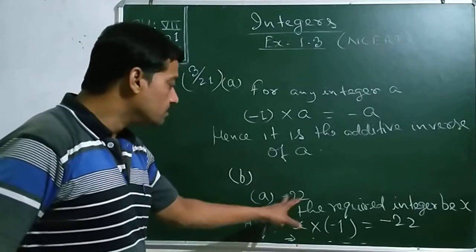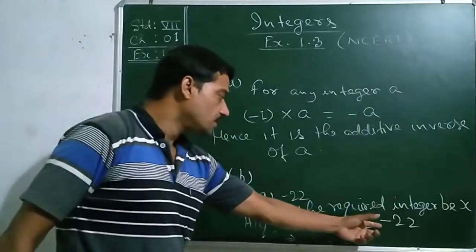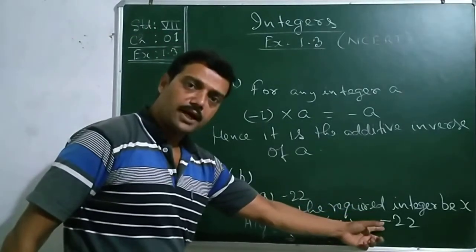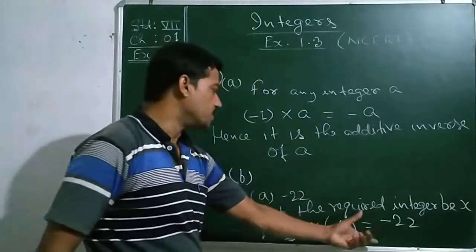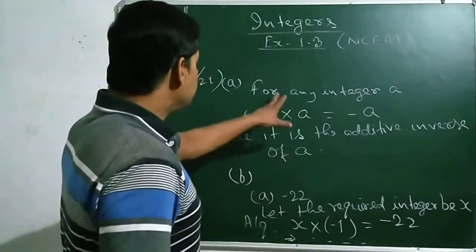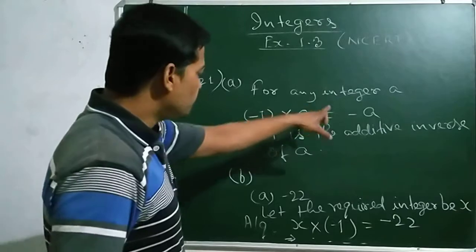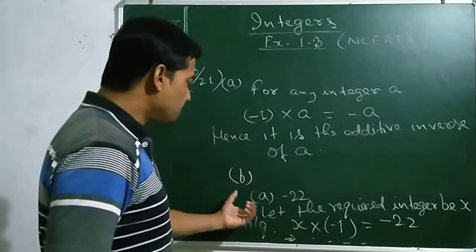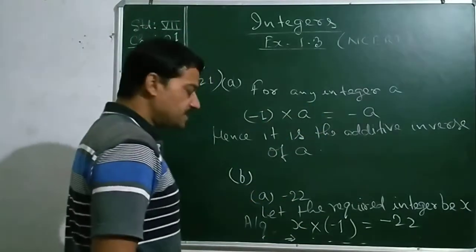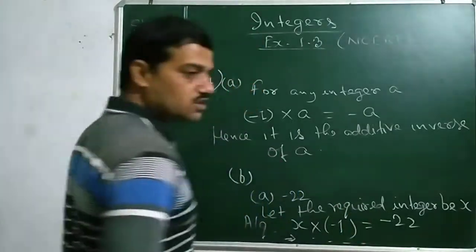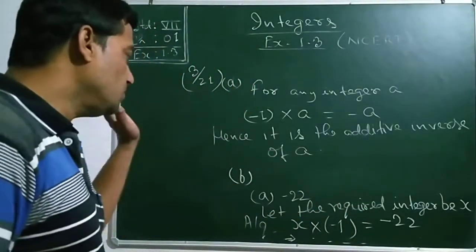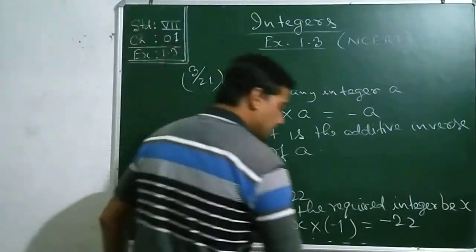You will get the additive inverse of minus 22, that is 22. Similarly, here we got the additive inverse of a, and in part B, all the sums a, b and c, you will get the additive inverse of that number if you follow these steps.